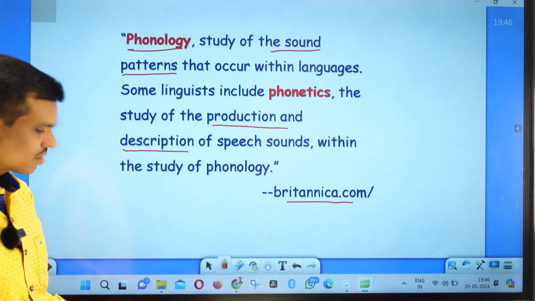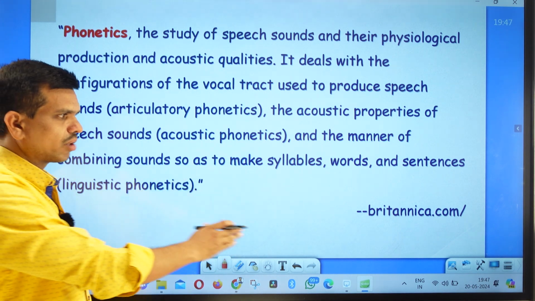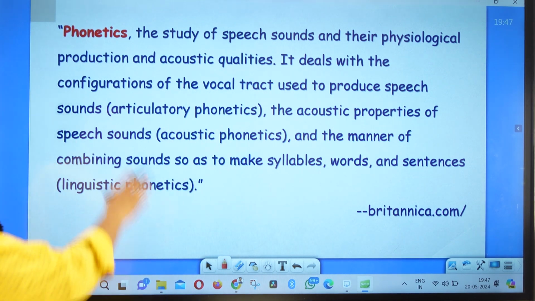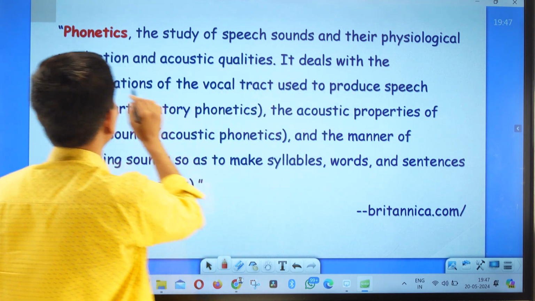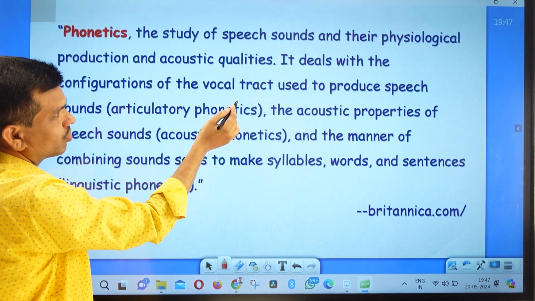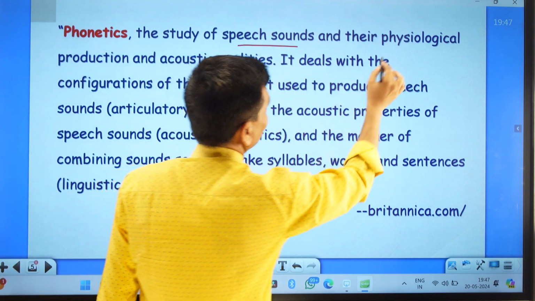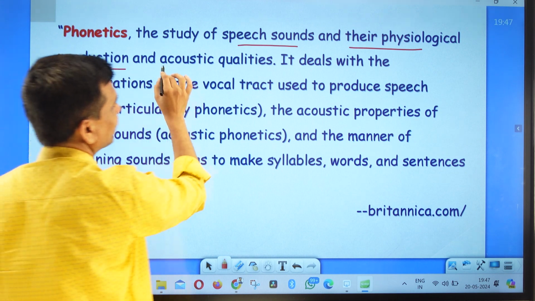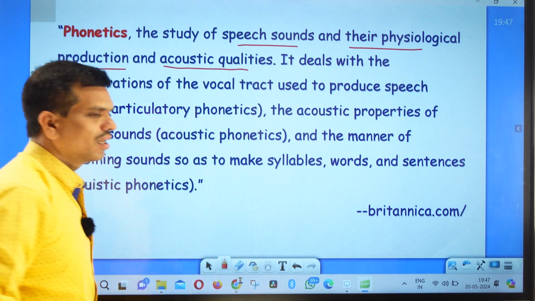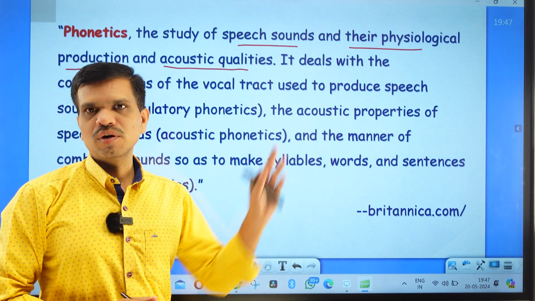Now again, let's consider phonetics. This definition is also borrowed from Britannica.com: phonetics is the study of speech sounds and their physiological production and acoustic qualities. Here we can consider it is speech sound and their physiological production. Again, it is related to production and acoustic qualities, and based on these different types of qualities we have sub branches of phonetics.